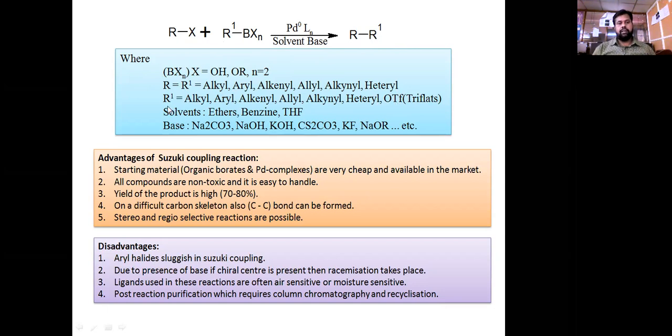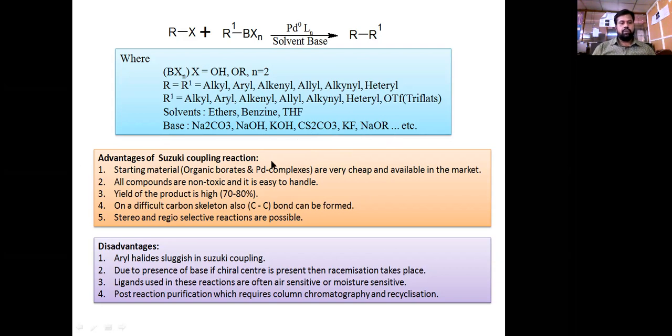And here for R1X, we can use some triflates also, right? Mostly used solvents are ethers, benzene, and THF. And the base can be sodium bicarbonate, sodium hydroxide, potassium hydroxide, Cs2CO3, KF, NaOR, etc.